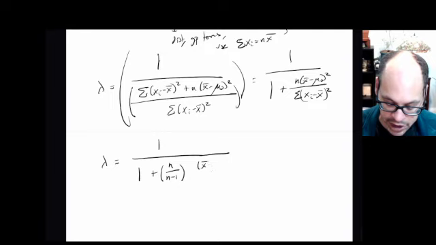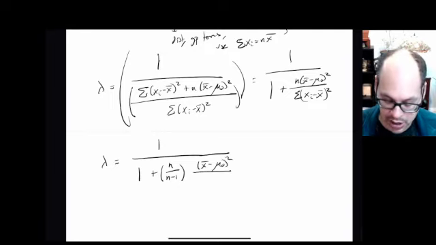I'm left with this x bar minus mu naught squared over the sum of the xi's minus x bar squared over n minus 1.